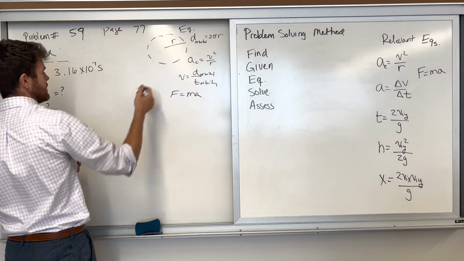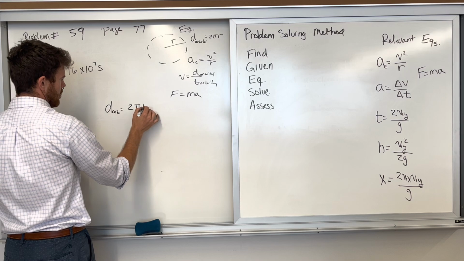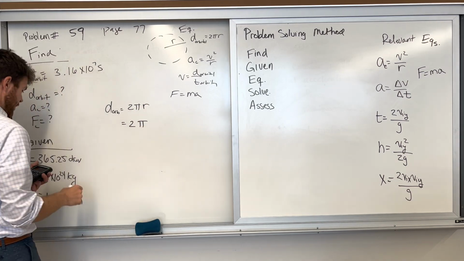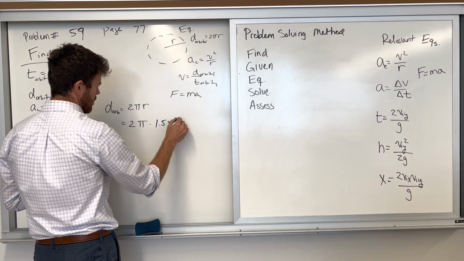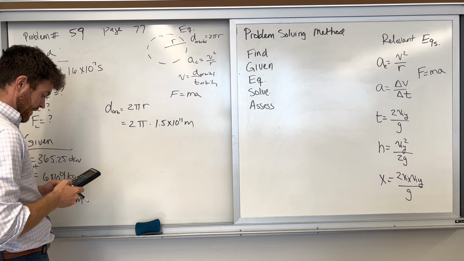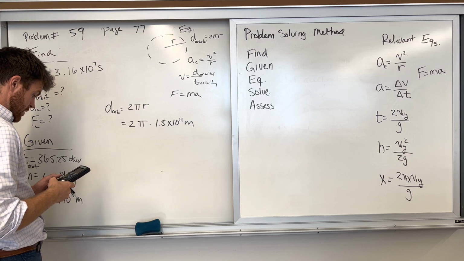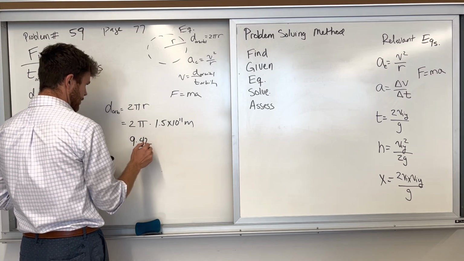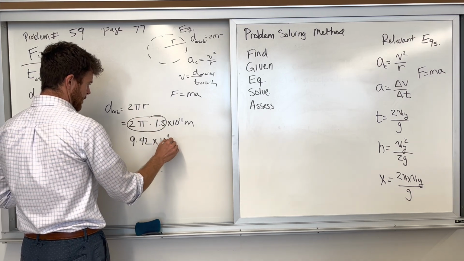So the distance is 2 pi r, which is 2 times pi times 1.5 times 10 to the 11th. Alright. So 1.5 times 2 times 3.14 gives me 9.42, and then times 10 to the 11th meters.